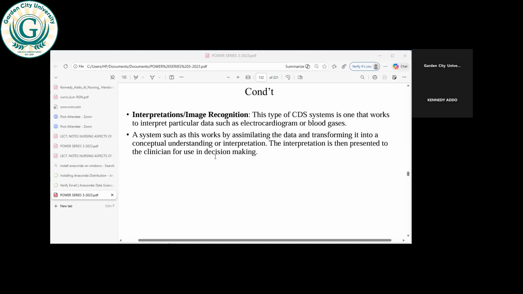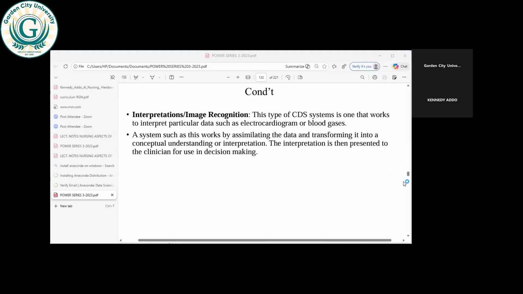So it is very important in radiology, as in X-ray, MRI, ultrasonography, computer vision, among others. All these are very important.